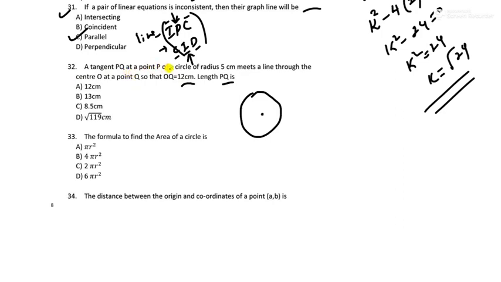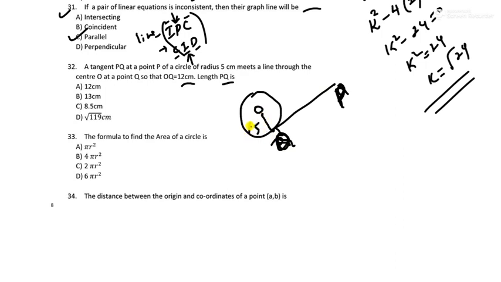PQ is the tangent at point P. So if this is point P, this is PQ. This is the tangent and this is the radius 5. The line passes through the center and meets at a point Q.